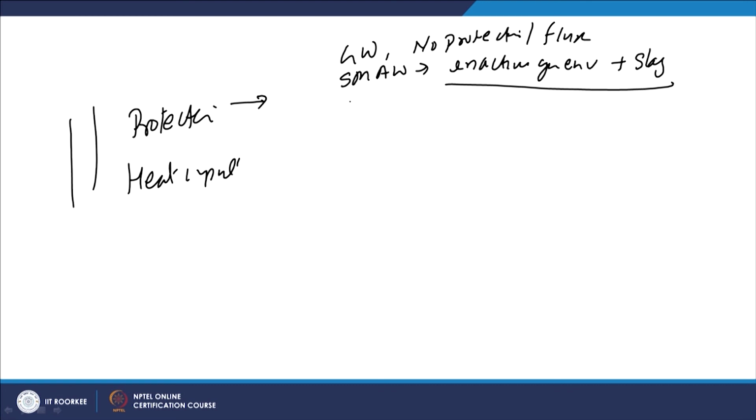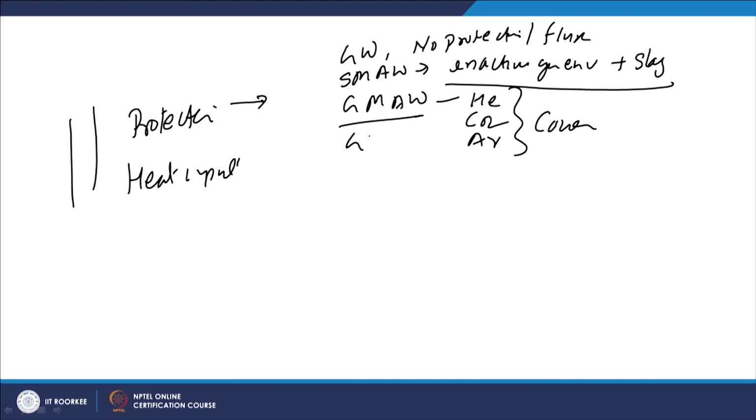And then we have gas metal arc welding, where we can use helium, carbon dioxide, or argon. The cover of these gases during welding will protect the molten metal from interactions with atmospheric gases, and the same is true for gas tungsten arc welding and plasma arc welding.